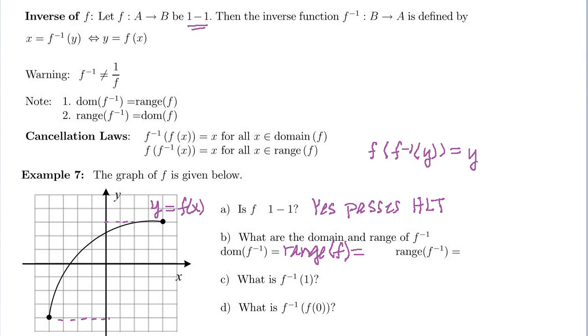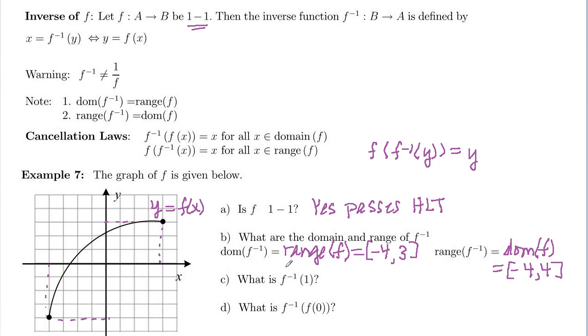So it'd be -4 to 3, and they're closed dots, so we are including both. And then the range of f inverse is the domain of the original function f. So if we look at the graph, the x values that are covered, well, the lowest x value is right here at -4, and the largest x value is +4. So that would be -4 to 4 inclusive.